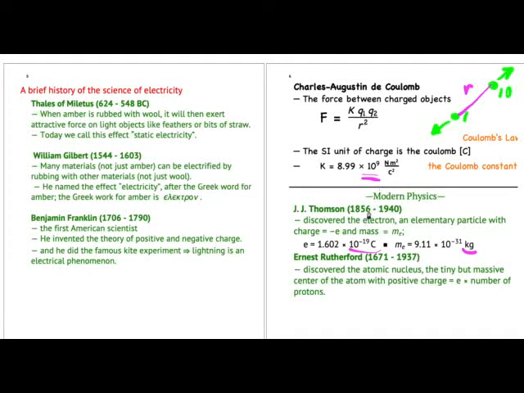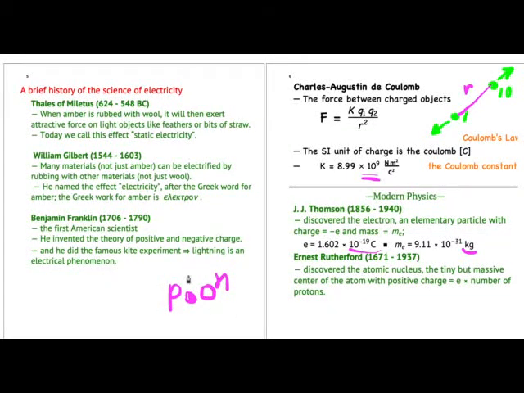What's the positive charge? The positive charge is called a proton. There's also a similar particle called a neutron. The proton is positively charged. The neutron is electrically neutral.